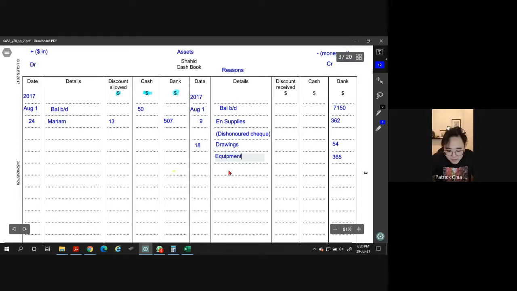Then they said the remaining balance is for repair. So use 400 minus 365. The remaining balance is 35. So you have to split. It's for repair, so have to do it like this.